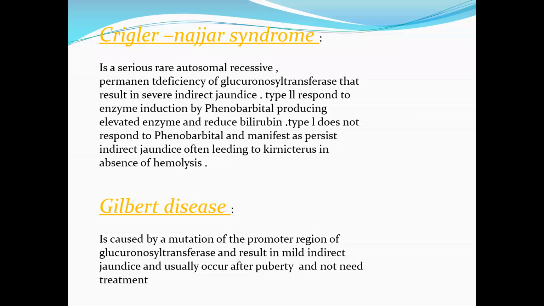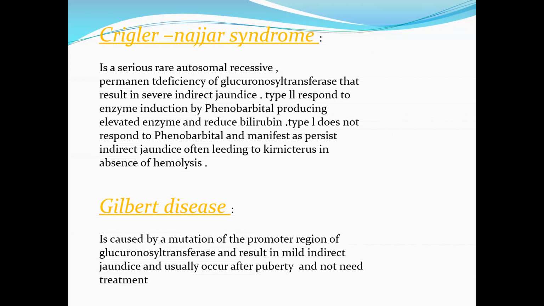So type 2 may benefit from drug-induced liver enzyme induction like phenobarbital. Phenobarbital starts to induce the already present enzyme in the liver, while in type 1 we have a complete absence of the enzyme.